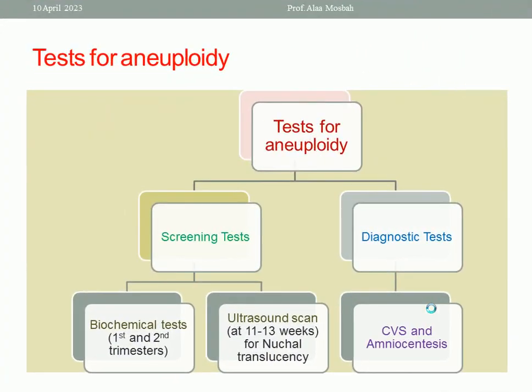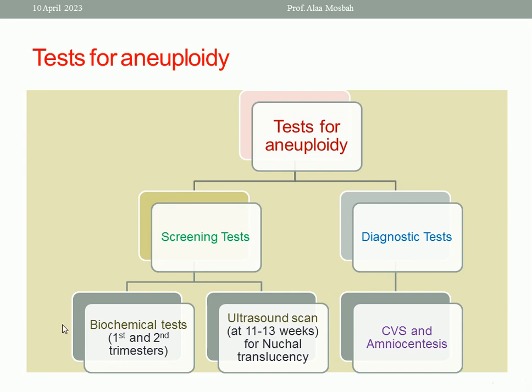Okay, what about tests for aneuploidy? Please look at this figure. Tests for aneuploidy may be a screening test or a diagnostic test. Screening tests may be a biochemical test, serum test, or ultrasound scan. This serum test or biochemical test can be done in the first trimester and in the second trimester.